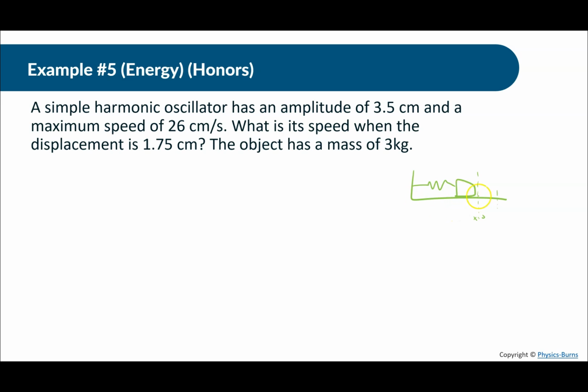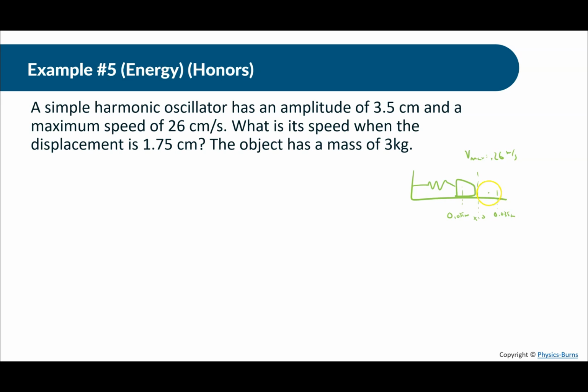It's going to be 0.035 meters, and over here too, 0.035 meters. Okay, and the fastest it's going, I'm going to put V max, is equal to 0.26 meters per second. Okay. Anything else?